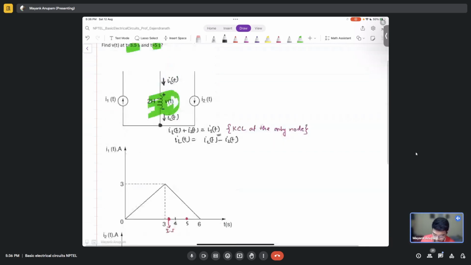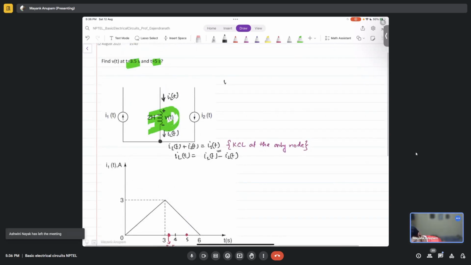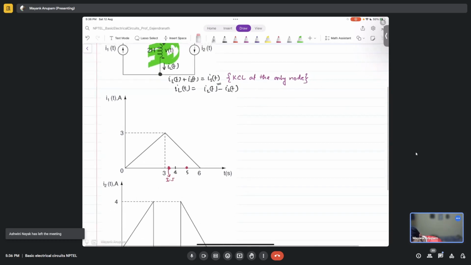Right. And what is the voltage across an inductor? What is V of t? V of t is L times d IL of t by dt, right? Yes. So what will that be?